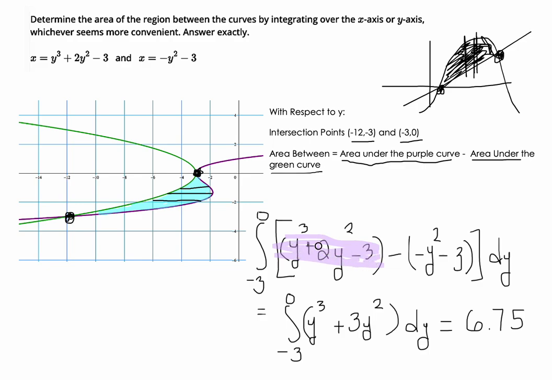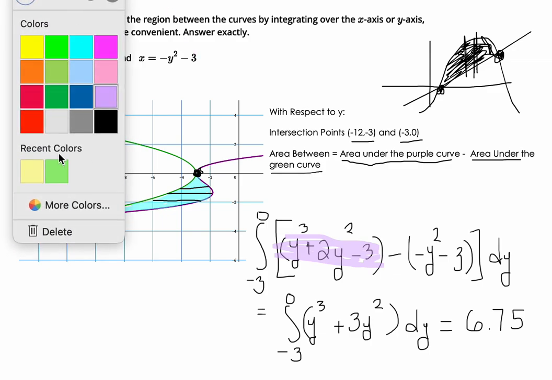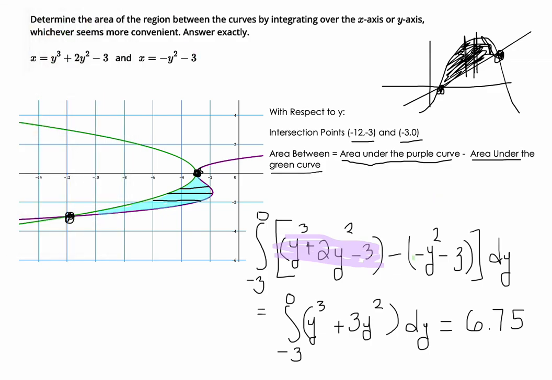It looks kind of like a cubic, but facing in a different direction. And then we have our green curve, which is the sideways parabola. That's this one here. So we're going to take the purple curve, because that's considered the upper curve, minus the green curve.